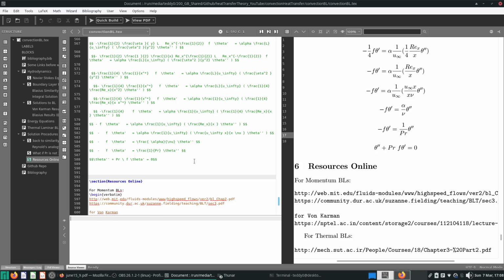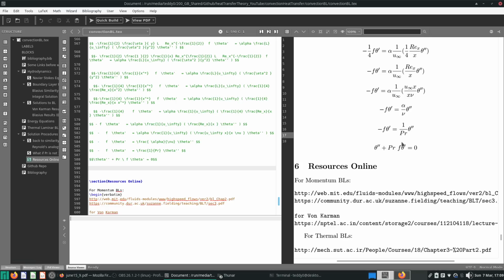So let's see, we're 15 minutes in, so I'll stop the video now. Next video we'll talk more about boundary conditions and solving this. We don't have to use a numerical method to solve this.